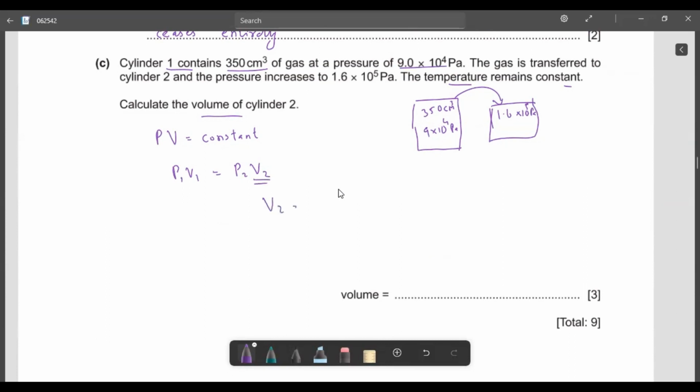So V2 can be written as P1 V1 by P2. P1 is given as 9 into 10 raised to 4, V1 is 350 and P2 is 1.6 into 10 raised to 5.